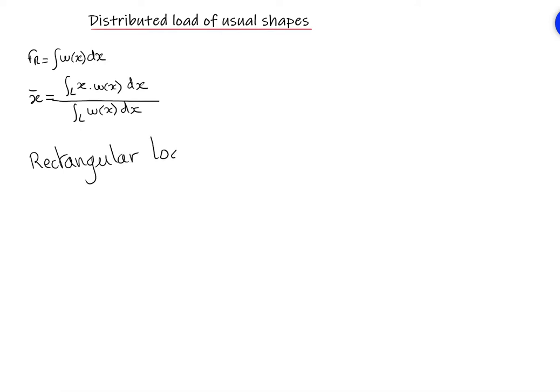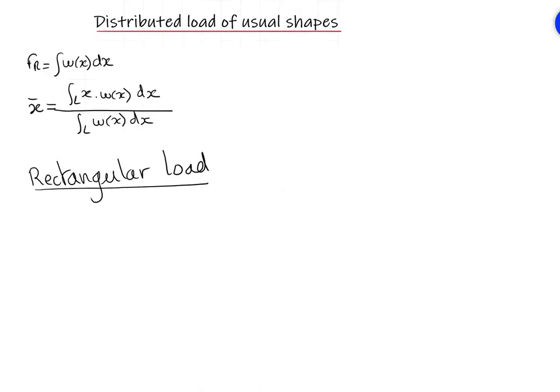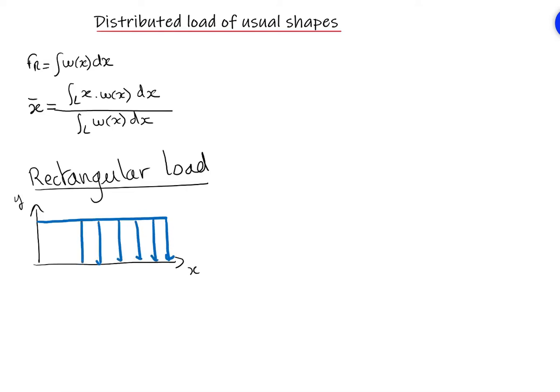Here we have both formulas that we found previously with integral notation. So let's write our rectangular load. That's the x axis, and the load there. Rectangular load is all the little dF going down, like this.